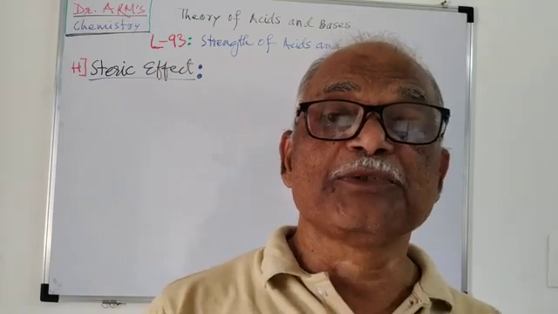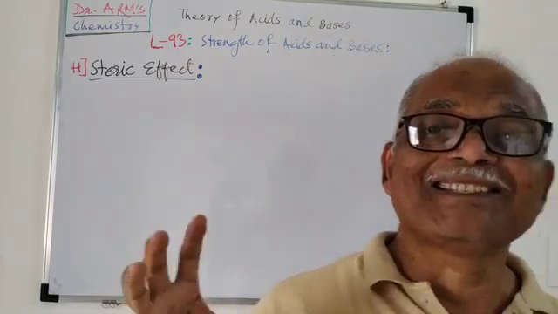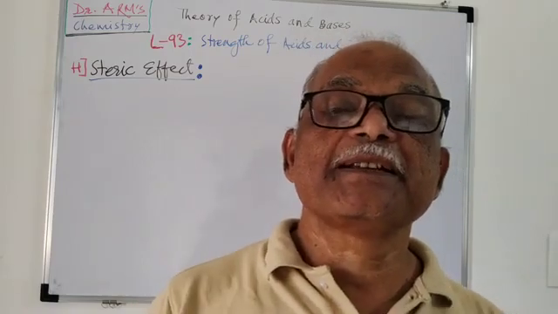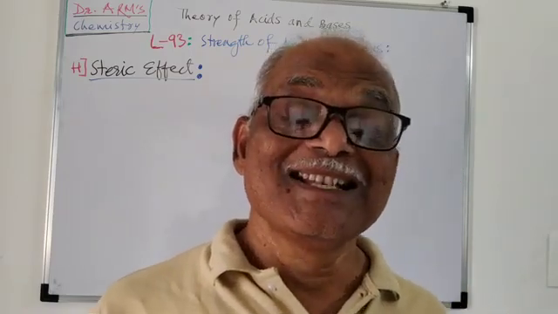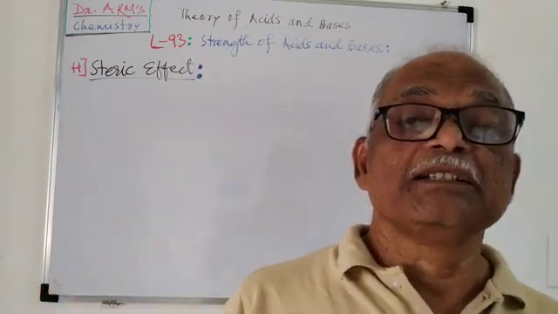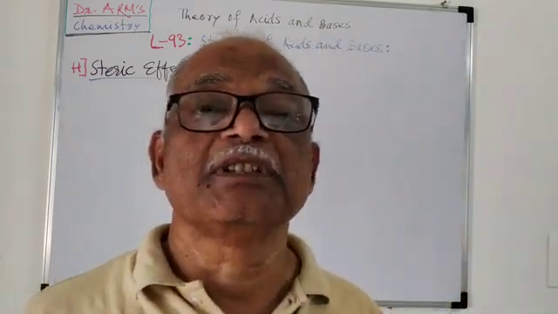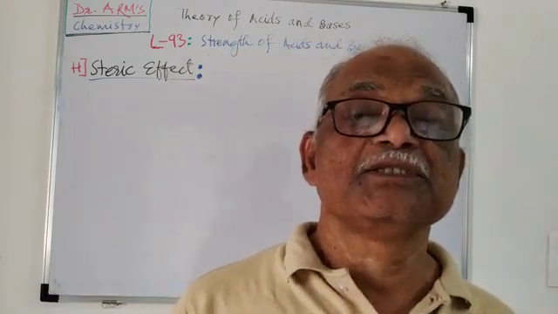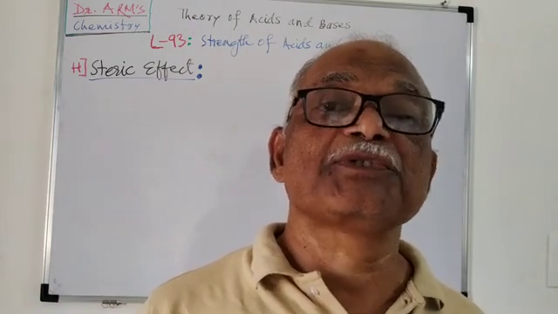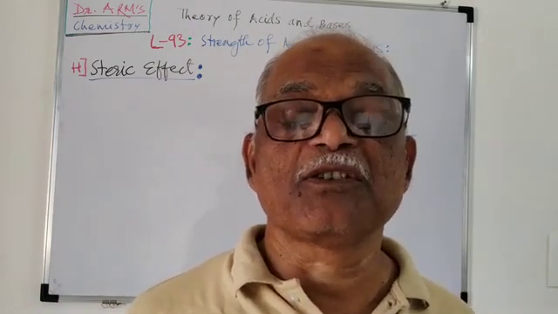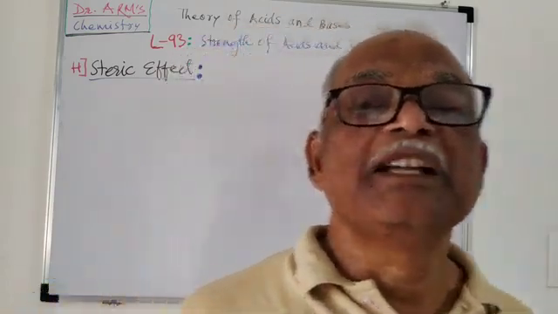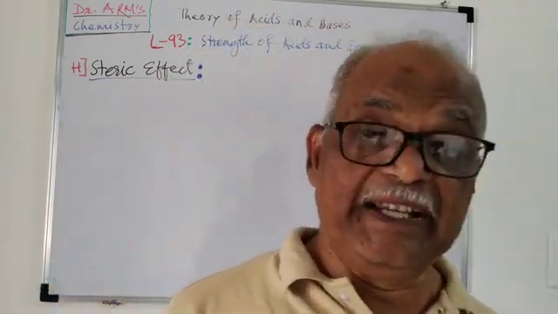When two molecules of larger size come closer, they interfere with each other, meaning the groups of the molecules repel each other. That is called a steric effect. If this repulsion is experienced during the reaction between an acid and a base, then we say it is steric effect.